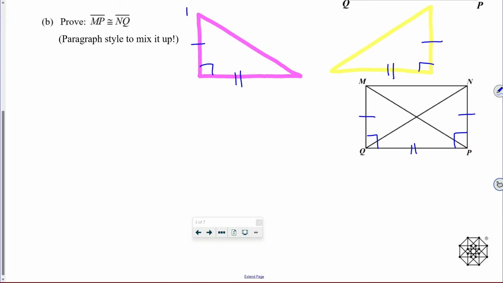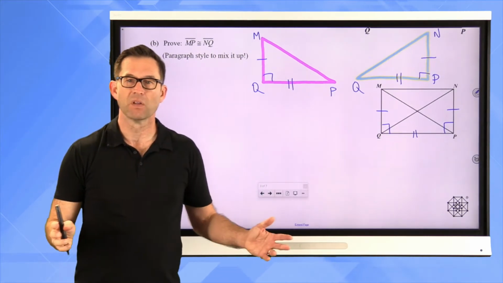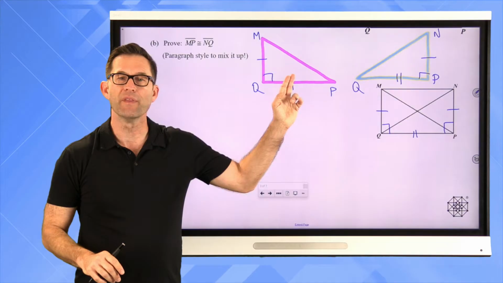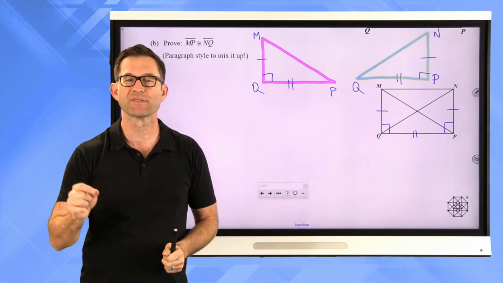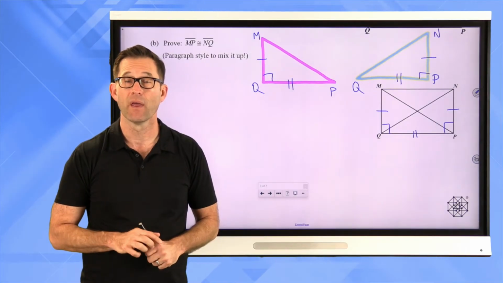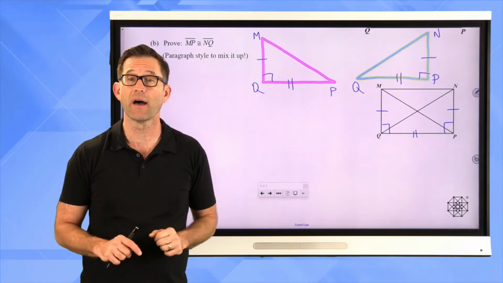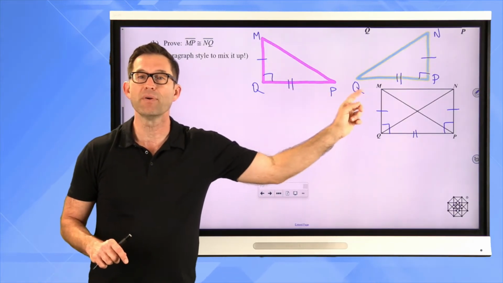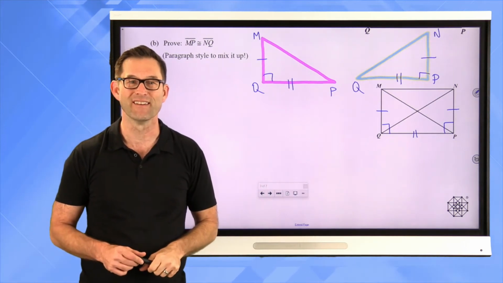This being MQP, and this being NPQ. So it looks like I can prove that this triangle and this triangle are congruent by the side angle side triangle congruence theorem. And once I know that this triangle is congruent to this triangle by side angle side, I can then say that MP is congruent to NQ by my friend CPCTC.